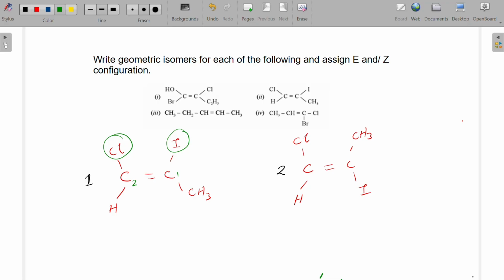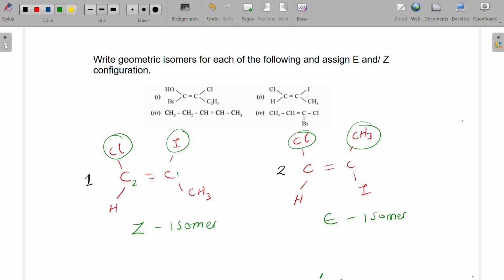So now we can say the groups of interest are all on the same side. If they're on the same side, what we have is a Z configuration. So this is a Z isomer. And then I know for sure that after switching the other side, we are going to have an E isomer. But you need to confirm that. We can see the groups that are of interest: chlorine here and the methyl group there.